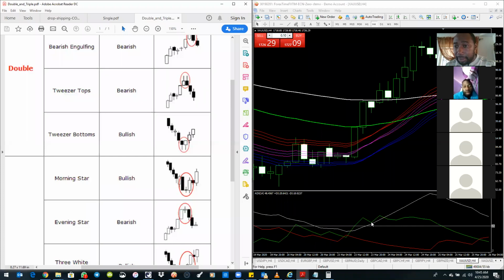Okay. Yeah, the one in white, is it the bearish? And the one in green, is it the bullish? On my chart, the black one is bullish. The white one is bearish on my own chart.